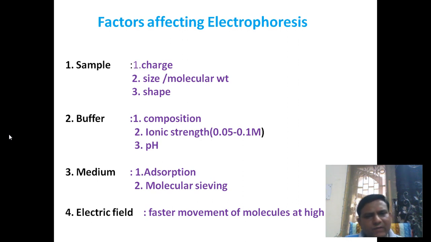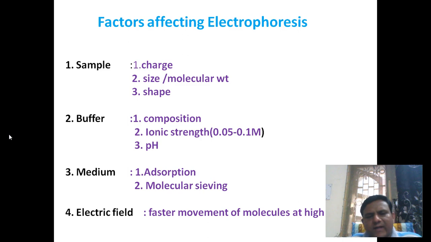You know very well, when we perform the electrophoresis technique in our laboratory, we need a power pack, and that power pack is responsible for providing the specific electric field to the electrophoretic unit. So this electric field also affects the electrophoretic mobility.